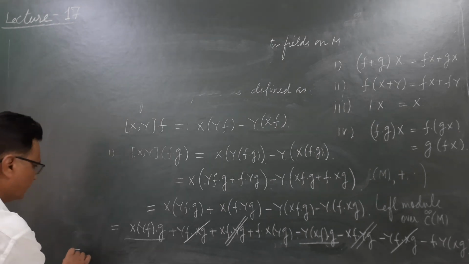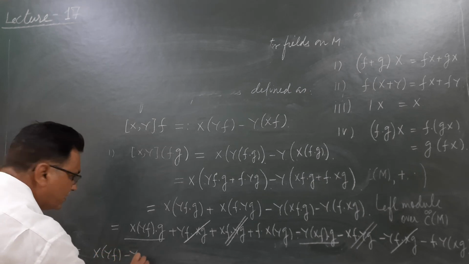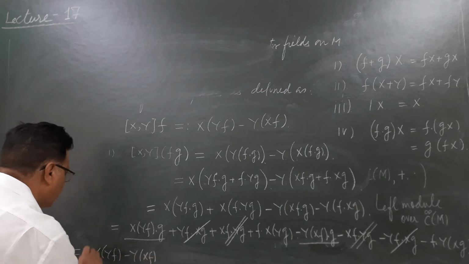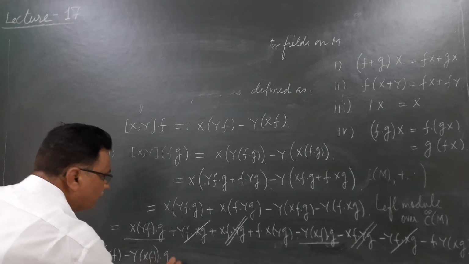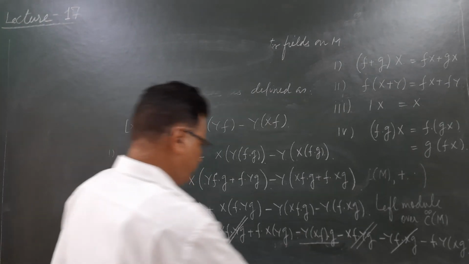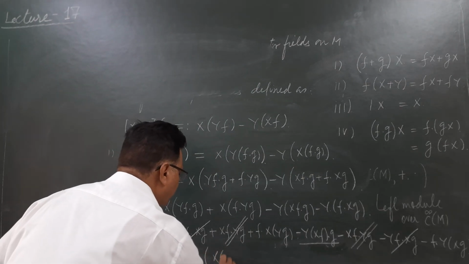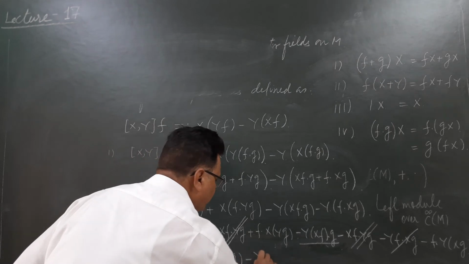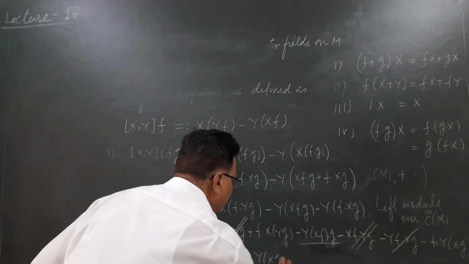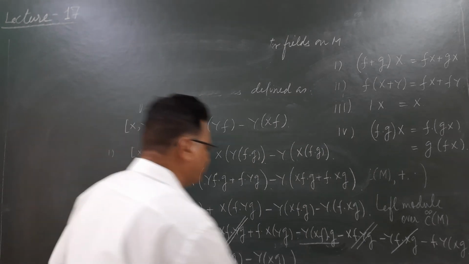सो ये हो जाएगा XYf माइनस YXf इंटू g. ये दोनों अंडरलाइन टर्म जो थे मैंने लिख लिए. अब रिमेनिंग टू टर्म्स भी है, f टाइम्स XYg माइनस YXg. अब आप गौर से देखिए तो आपको पता चलेगा कि द फर्स्ट ब्रैकेट इज द ली ब्रैकेट ऑफ XY ऑपरेटिंग ऑन f.